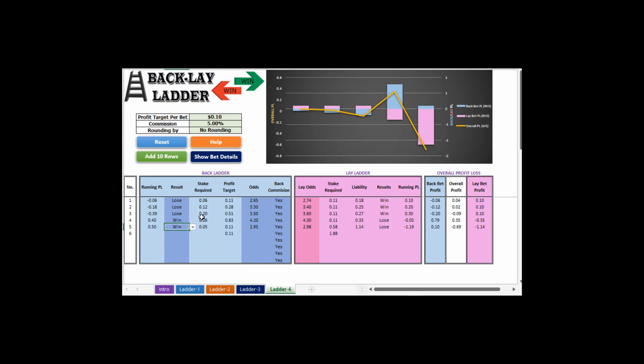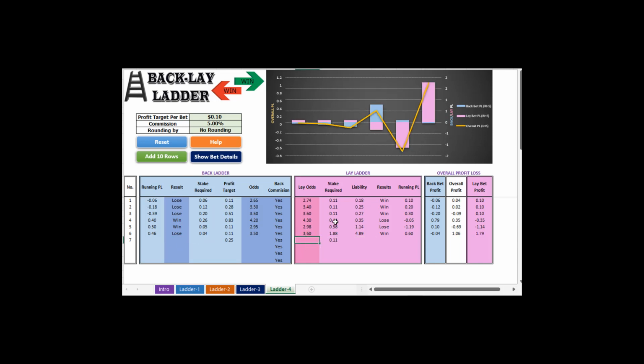So we continue on, and after 2 wins here we get a loss. So we get a loss there, and we put in 3.6 here, and we can see obviously that the lay bet won its required target, and now the running profit on the lay bet is back to 60p, which is where it should be.